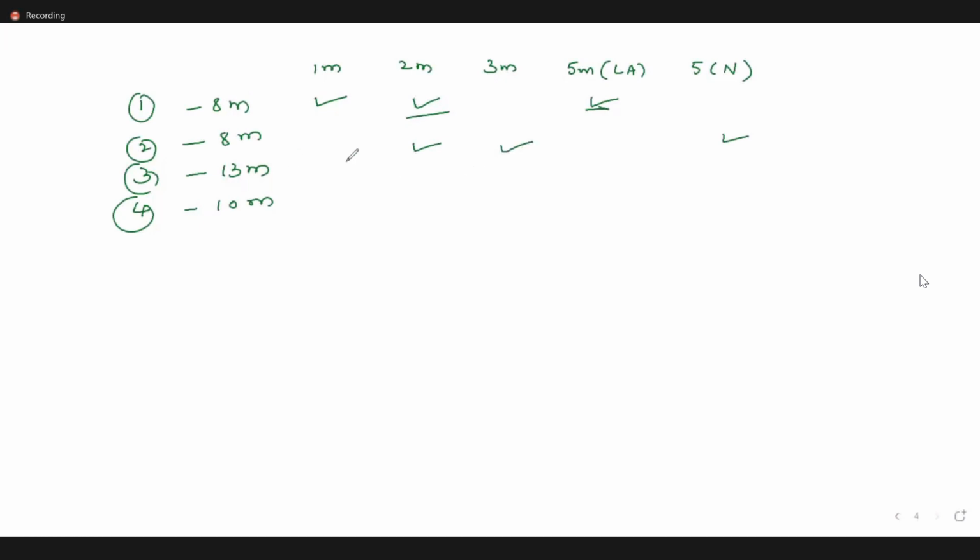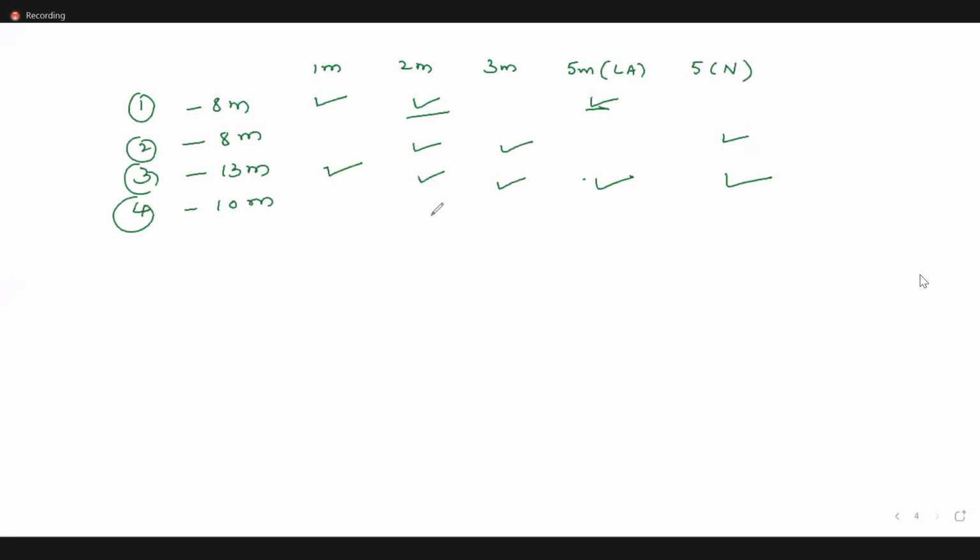In current electricity, you get a 1 mark question 1, a 2 marks question 1, a 5 marks long answer question, a 3 marks question, and one numerical also. Is it clear? Yes, ma'am.